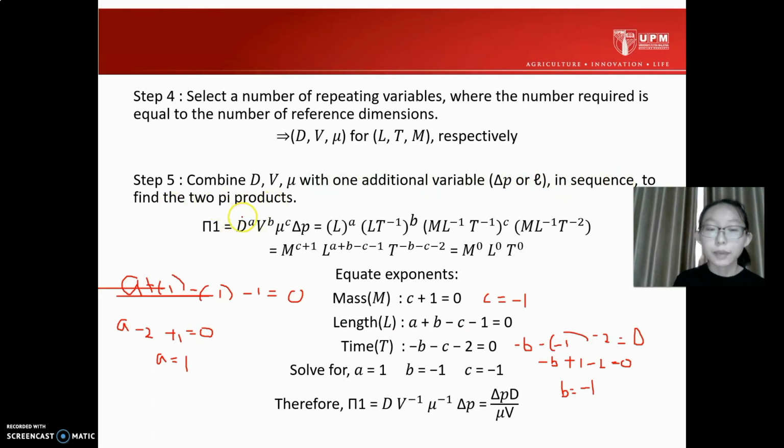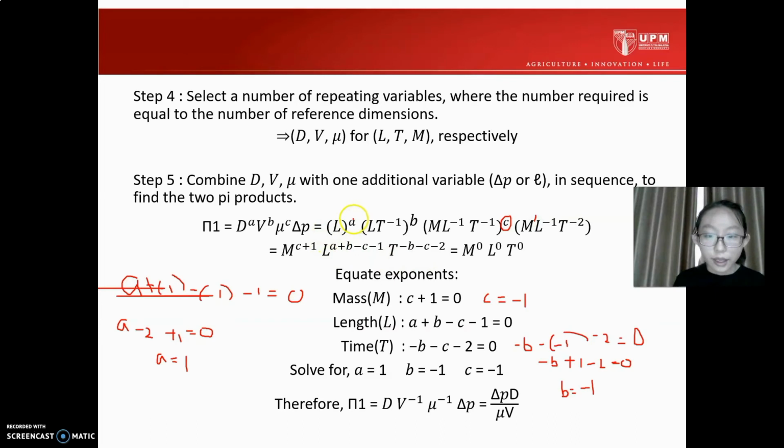It's equal to D to the power of A, V to the power of B, viscosity to the power of C, and pressure drop, which is equal to L to the power of A, L over T to the power of B, M per L T to the power of C, M per L T squared, equal to M. We have C and 1 right here.